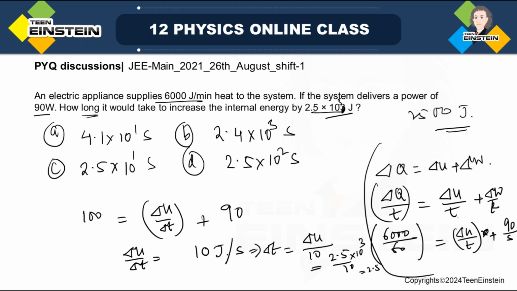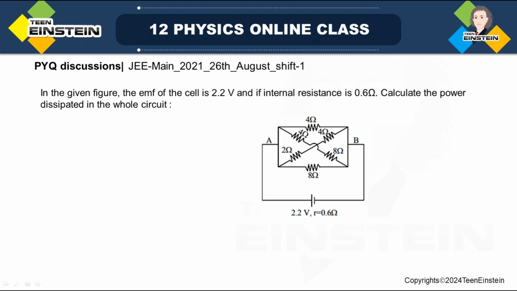That means 2.5 into 10 to the power 2 seconds. This is the answer. Option D will be the correct answer for this question. Look, this question is from electricity, but it has been connected to thermodynamics. So this is the beauty of the JEE Mains question. So we'll go to the next problem.